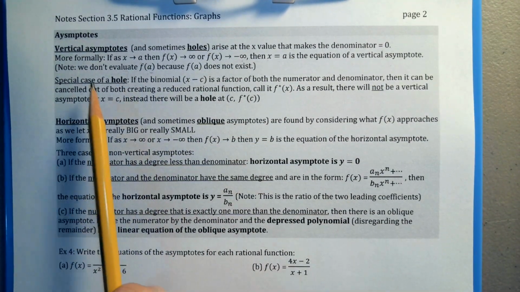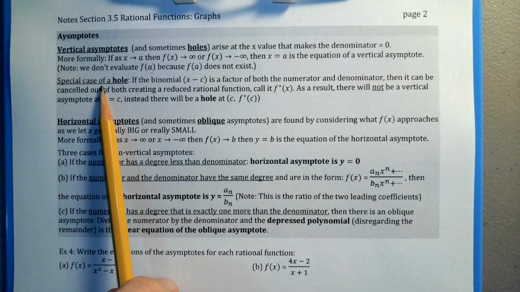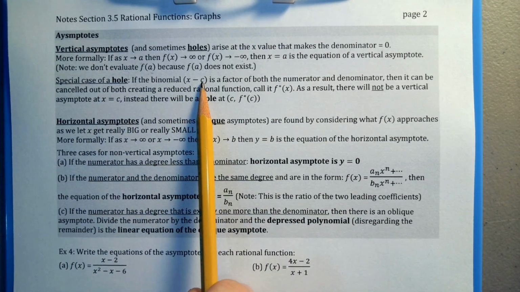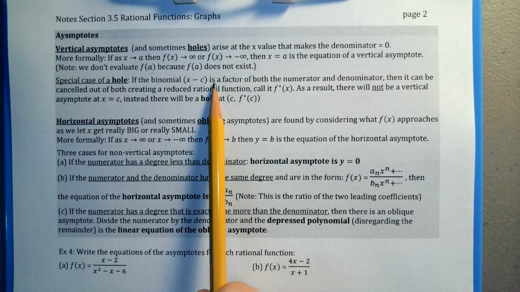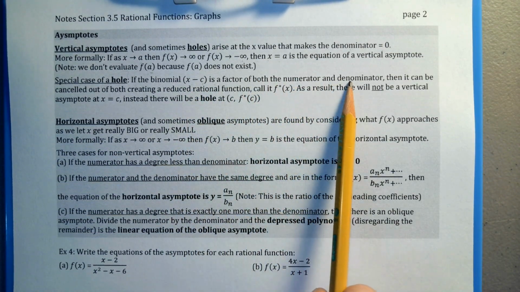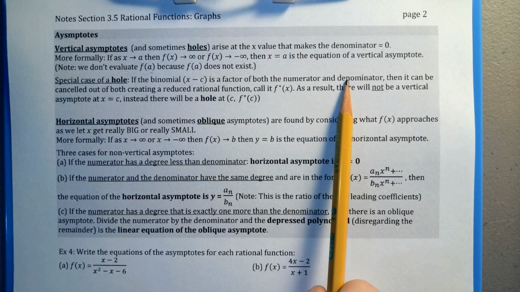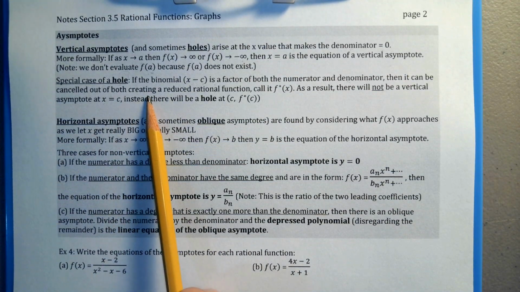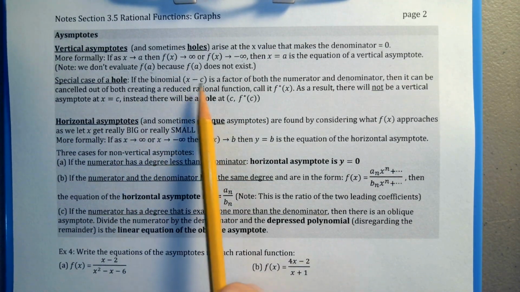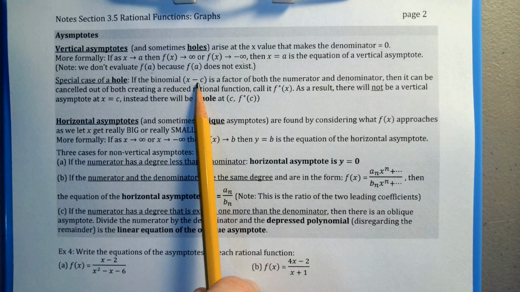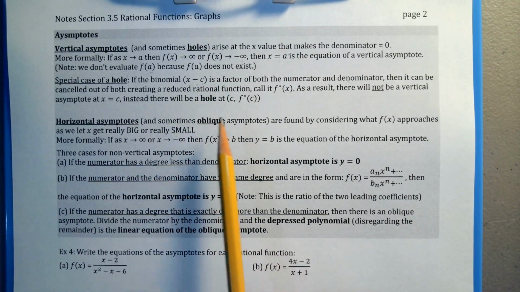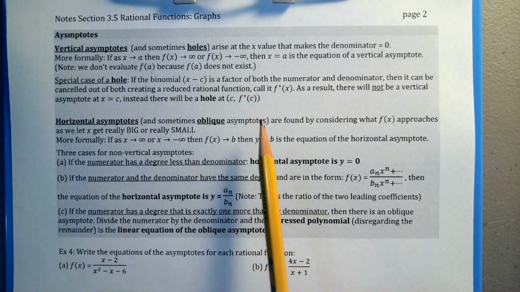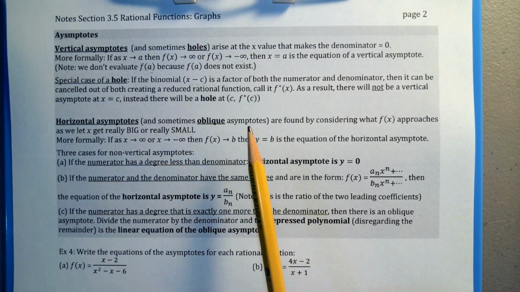And then we have a special case when we have a hole. If a binomial x minus c is a factor of both the numerator and the denominator, that means we would cancel it out. As a result, we no longer have this badness in the denominator, so a value of c no longer makes the denominator 0.